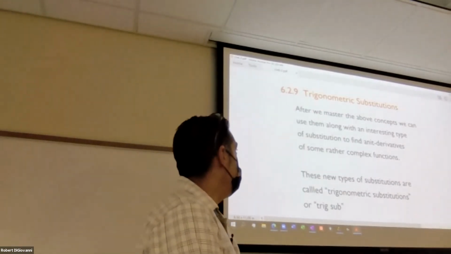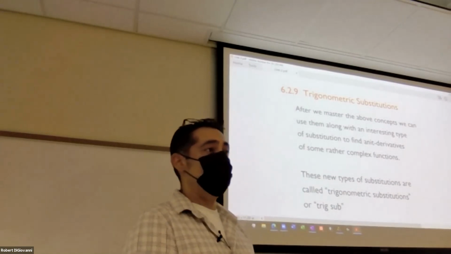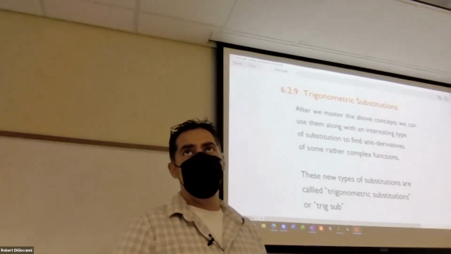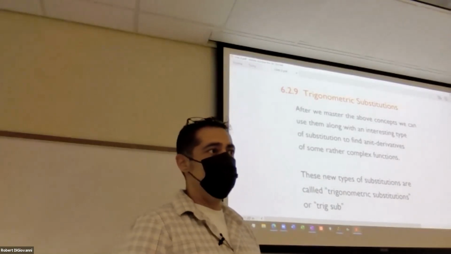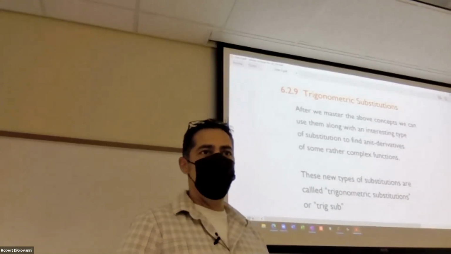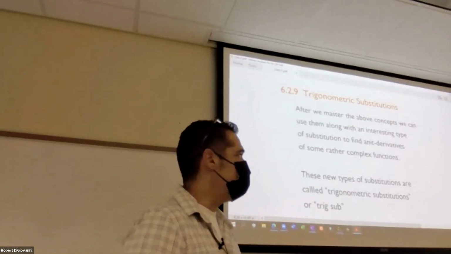So, all right, last class, we were doing 6.2. I said that this section was broken up into 2 parts. Trigonometric integrals, which we did last time, is how to handle sine, cosine, secant, tangent when they're mixed up, and the homework gave you an idea of what to expect there.